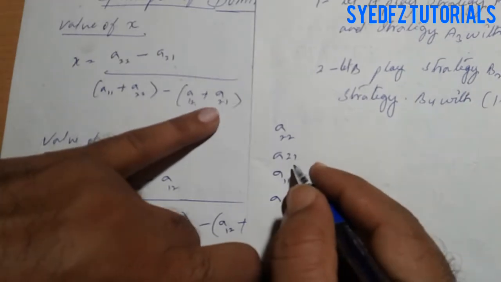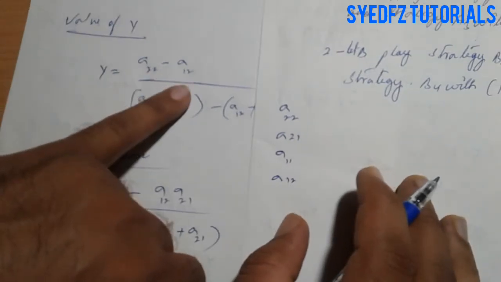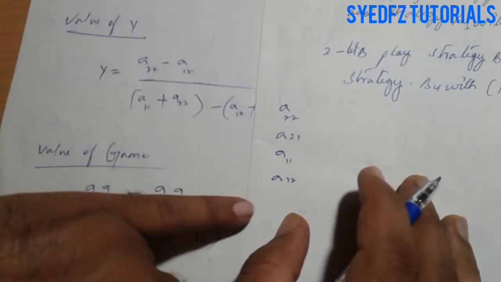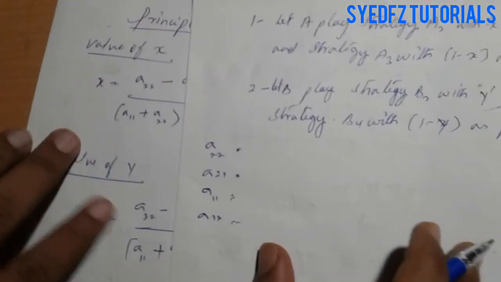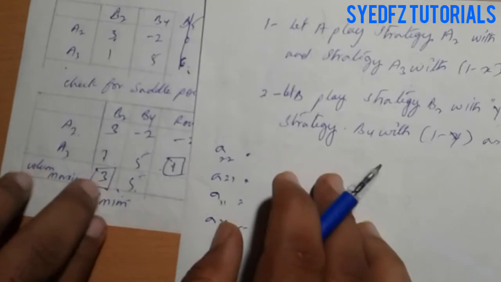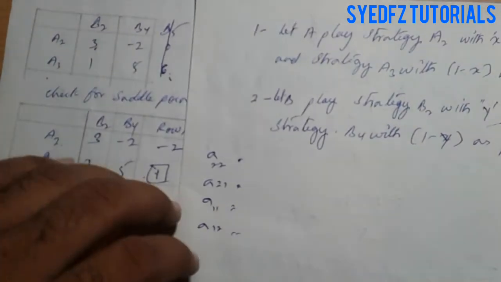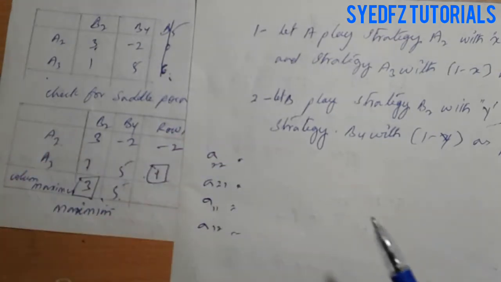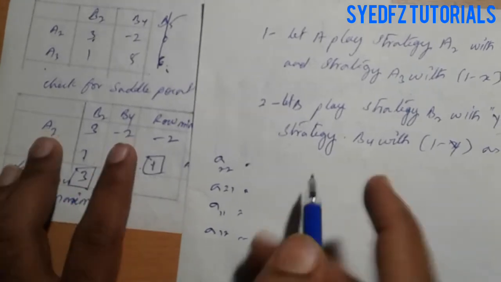A21 already taken, A22 taken, A12 taken, so 11, 22 means we have already 4. So let's check it from the box. Here is the box. A2 B2 means A2 and B2. Now A22 means A2 and this is B2.